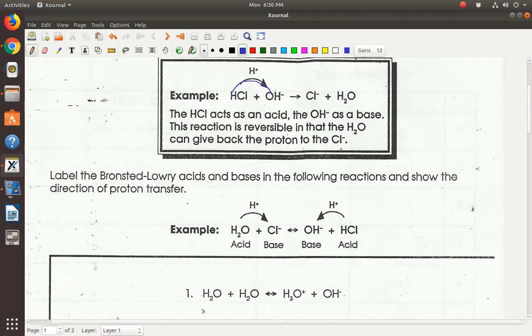It donates the H to the OH, because you can look at both sides. Look at that side and that side. See, it's missing it. So that's the acid. Since that took it, that's the base, because this becomes H2O. H2O can be written as HOH. So there's the H it took, and there's the OH it started out to be. So the acid is going to make the conjugate base, and the base is going to make the conjugate acid.